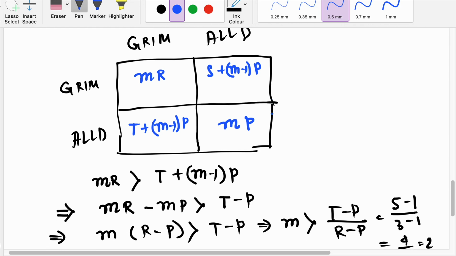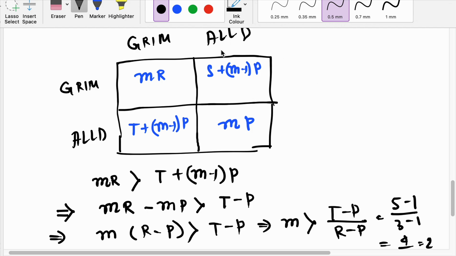If someone wants to find whether Aldi is a good strategy or not, then analyze this: if my opponent's strategy is that she will always defect, then what should I play? Should I play Grim? Let's check that.